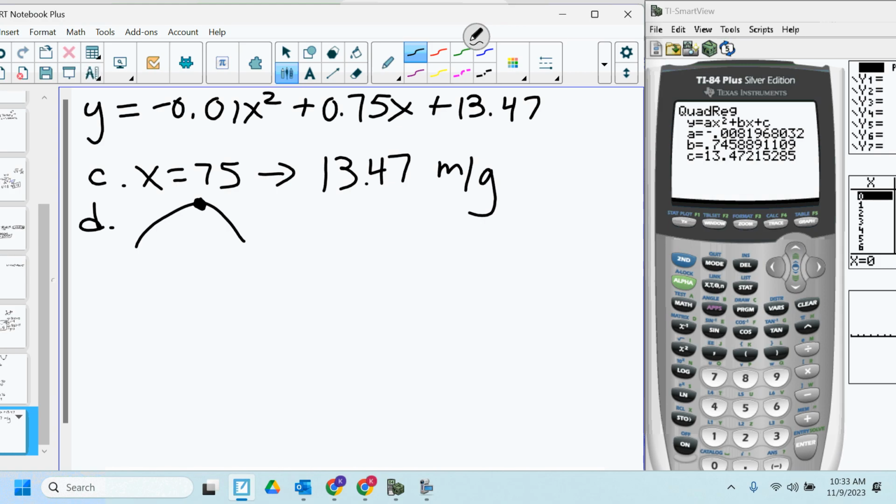And it says best speed, which means I'm focused on the x value of my vertex. How do I find the x value of my vertex? Negative b over 2a. So let's calculate that. And remember, use parentheses when you are dividing.